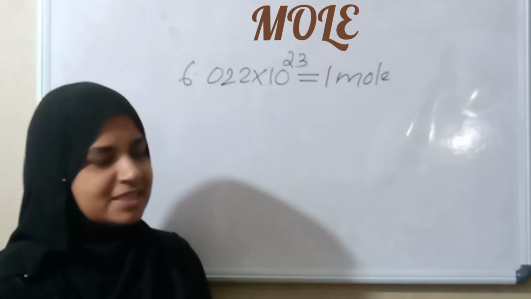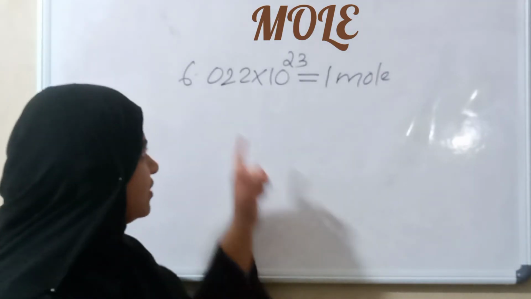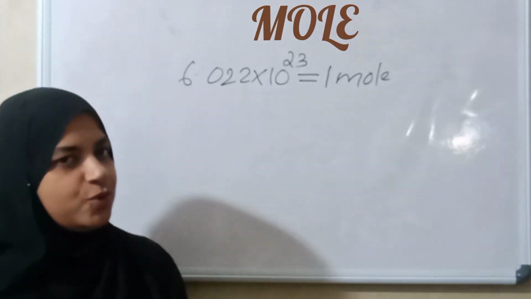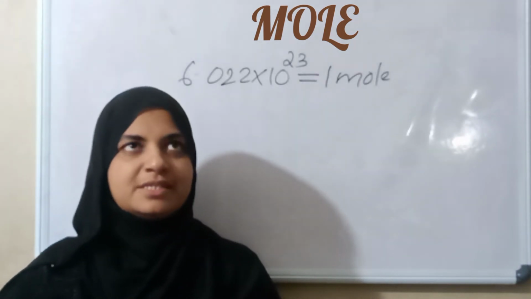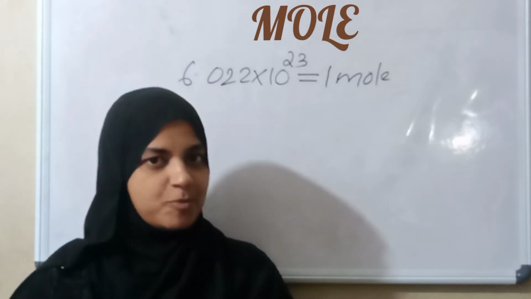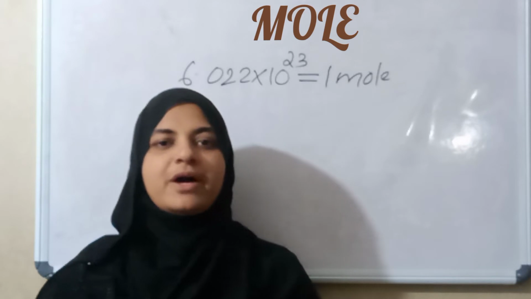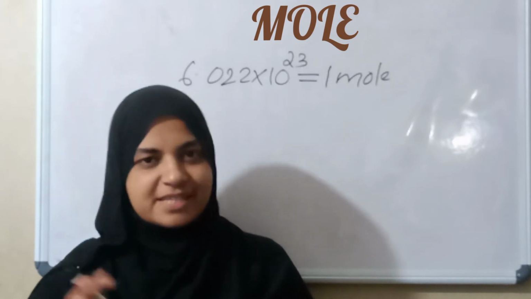That is, 1 mole means it is a number which is 6.022 × 10^23. For example, 1 mole of cycles. What is meant by that? 1 mole of cycles means 6.022 × 10^23 cycles.